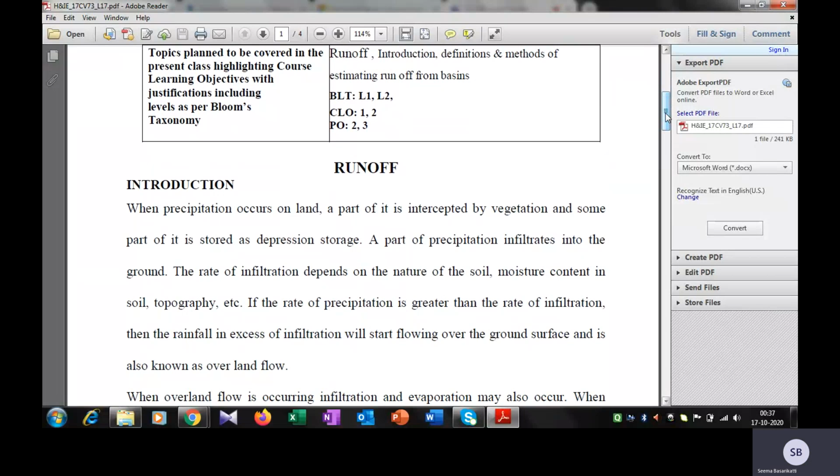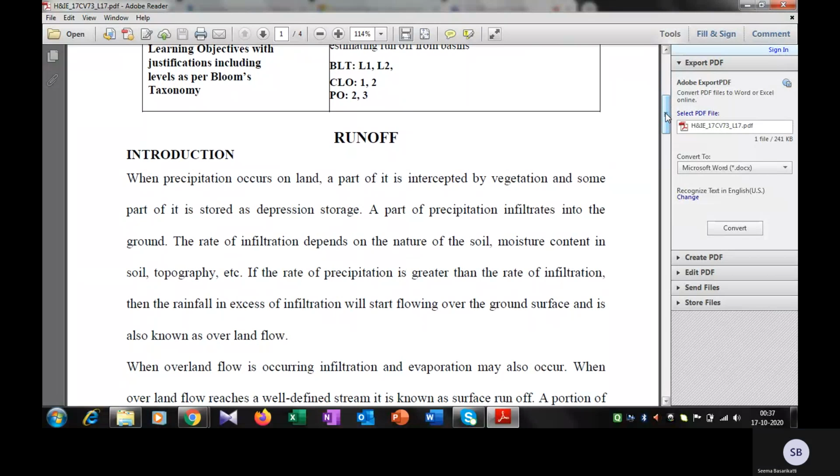When precipitation occurs on land, a part of it is intercepted by vegetation and some part of it is stored as depression storage. A part of precipitation infiltrates into the ground.